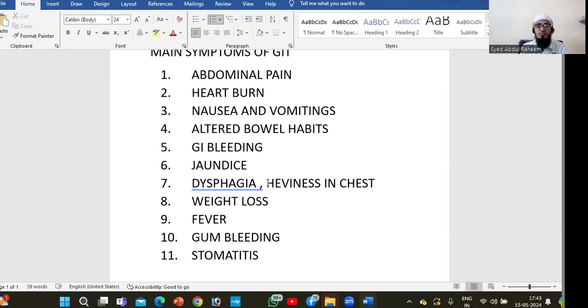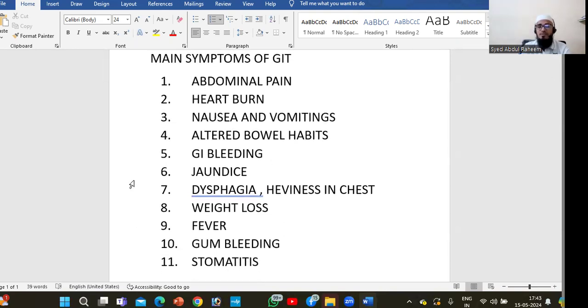So these are the main symptoms. Some patients will react to them, some will not. These are the main symptoms related to the gastrointestinal tract: abdominal pain, heartburn, nausea and vomiting, altered bowel habits.